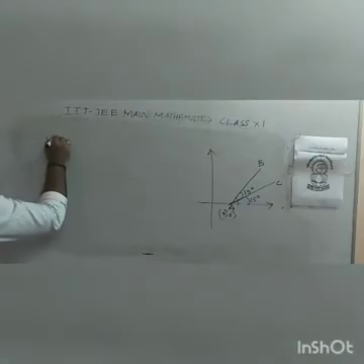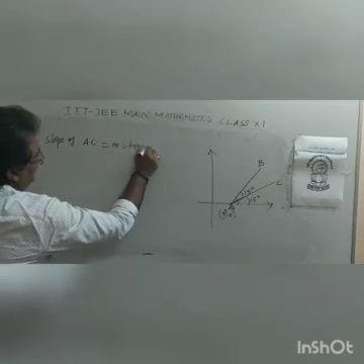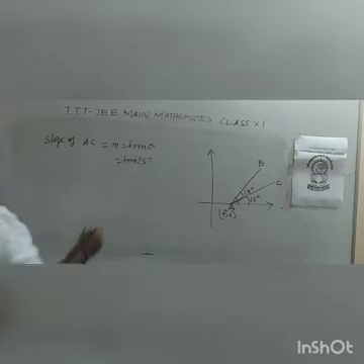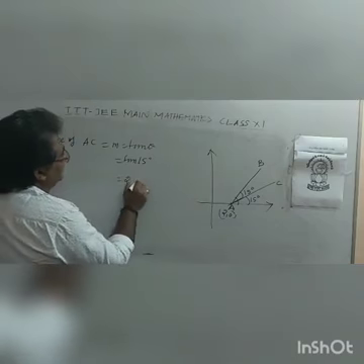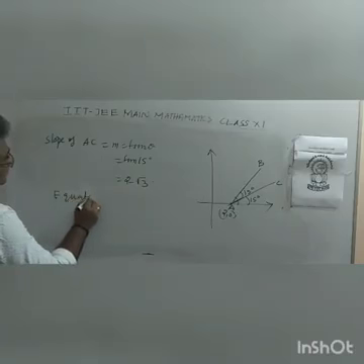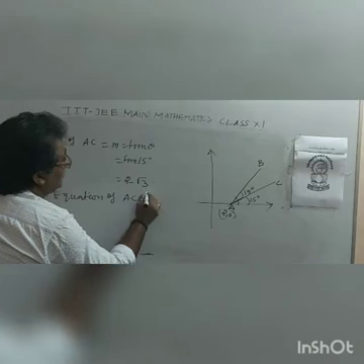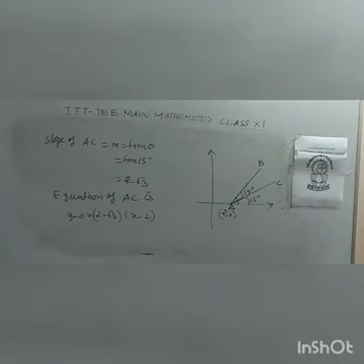So slope of AC equal to m equal to tan theta, tan 15. Obviously tan 15 you can find easily using 45 minus 30. Tan 15 equal to 2 minus root 3. Equation of AC is y minus 0 equal to slope 2 minus root 3 into x minus 2.